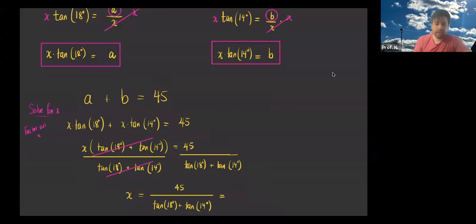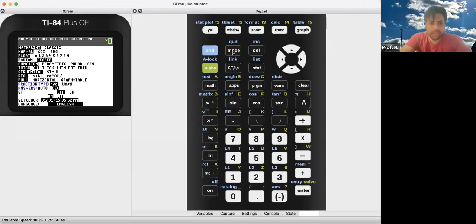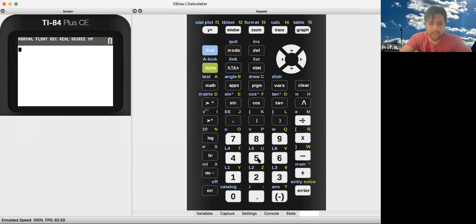And now you put this in your calculator. And just be very mindful of how you do it. So let me do that as well. You have to be careful when you plug this in. Let me share my screen. So here we have, make sure you're in degree mode, and I'm in degree mode. So I'm gonna create a little fraction here.